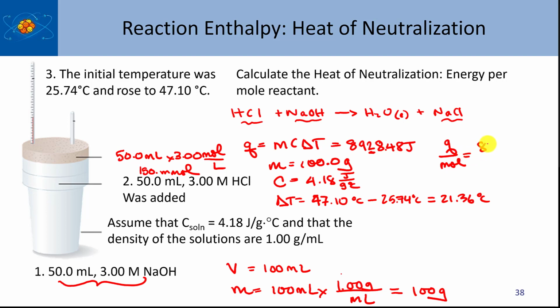So that's going to be the 8928.48 joules divided by, let me put this down below where I have a little bit more room. So I need to know the Q per mole. So that's going to be 8928.48 joules, 3 sig figs, divided by 150 millimoles.